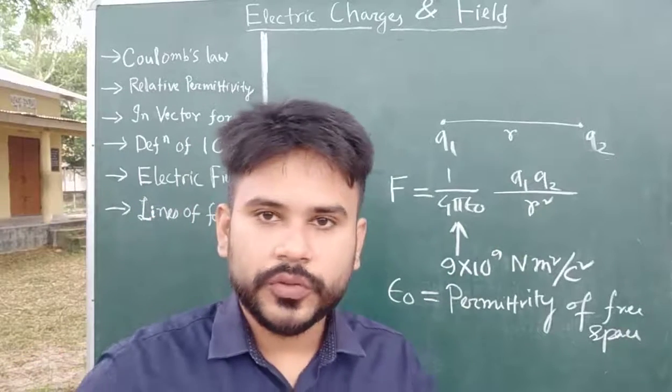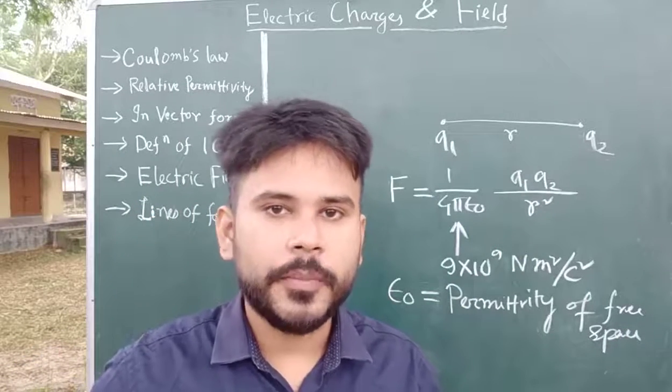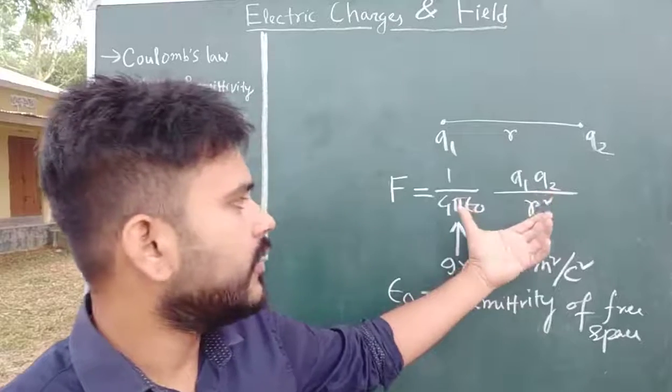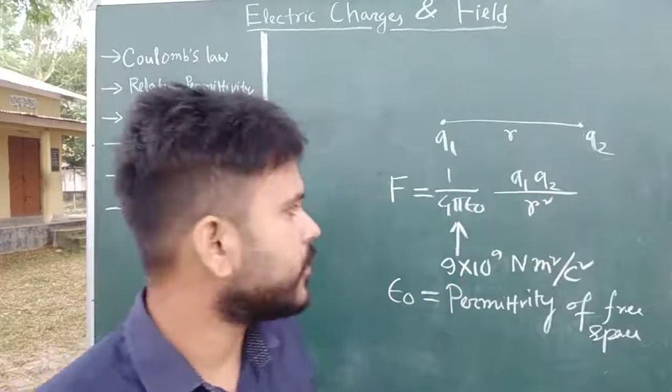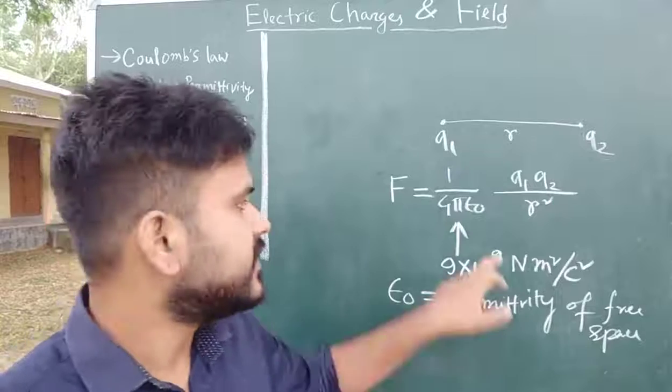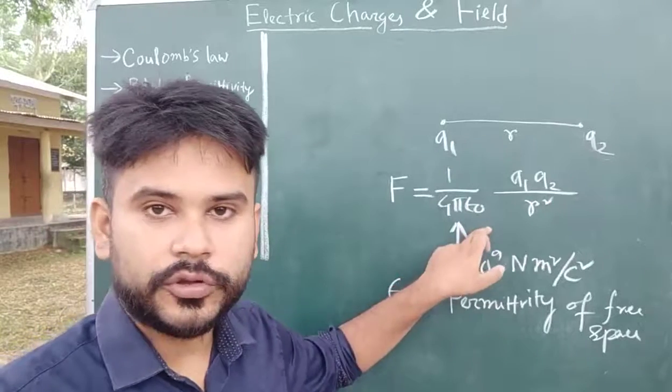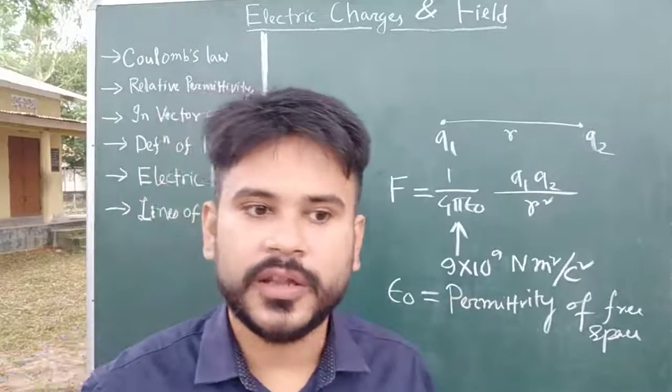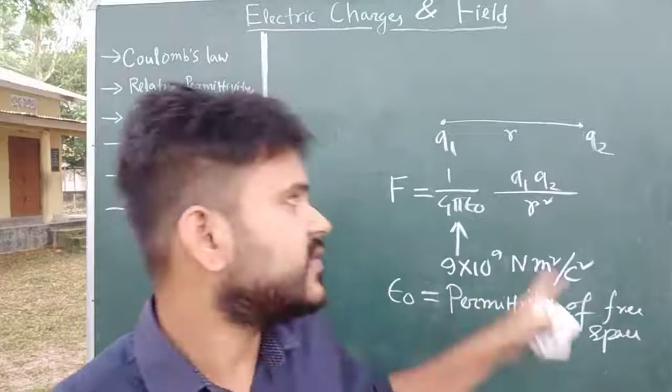So now if the two charges are kept in a medium, then what will be the form of force? In that case, we will replace epsilon naught by the permittivity of that medium, that is epsilon.